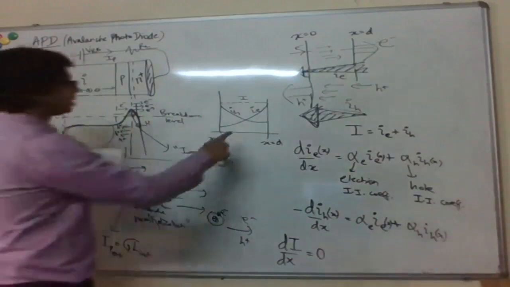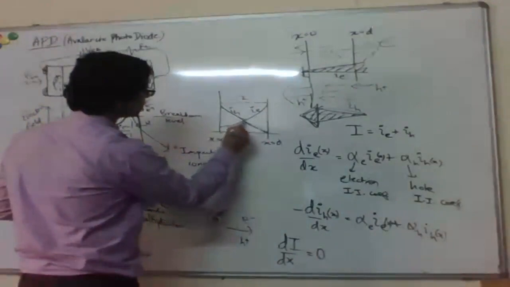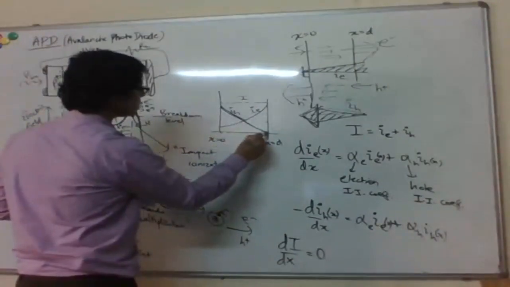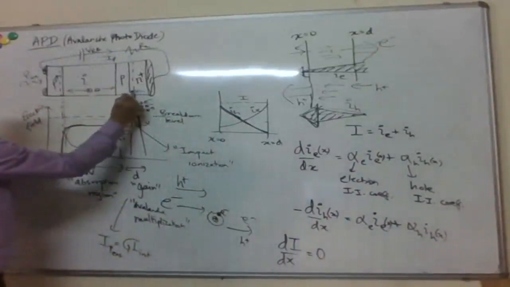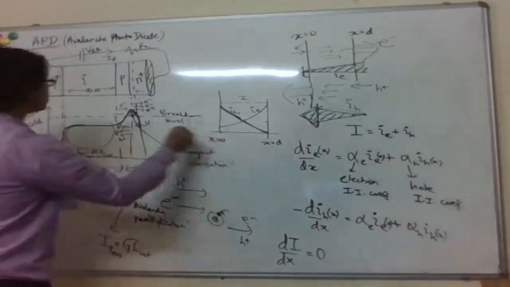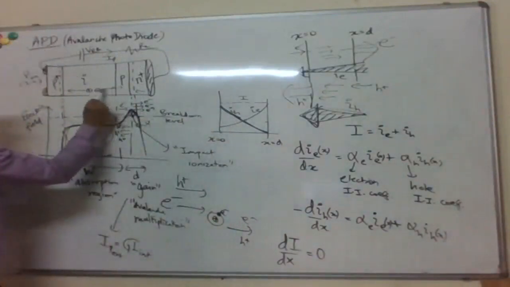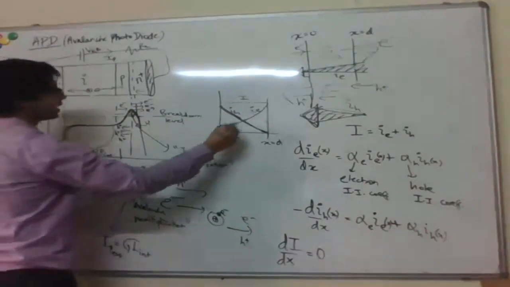In other words, if you look at the hole current, this should be 0 here. So at x equal to D, there are no holes coming in. And from this side, it's basically the electrons which come in. That's the I_E coming in at x equal to 0, which then gets amplified.